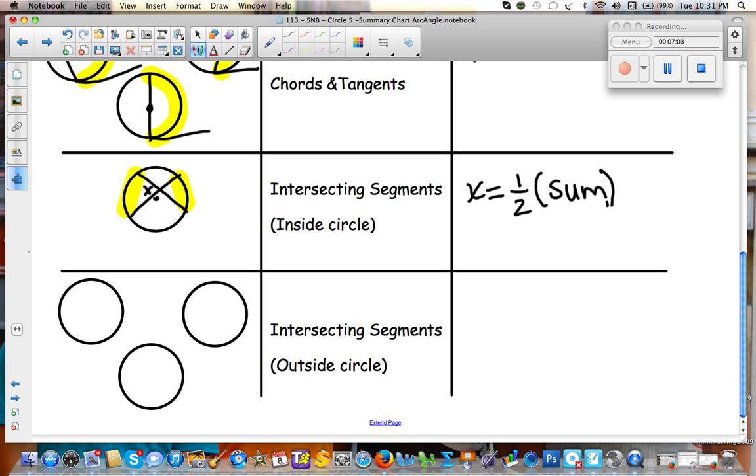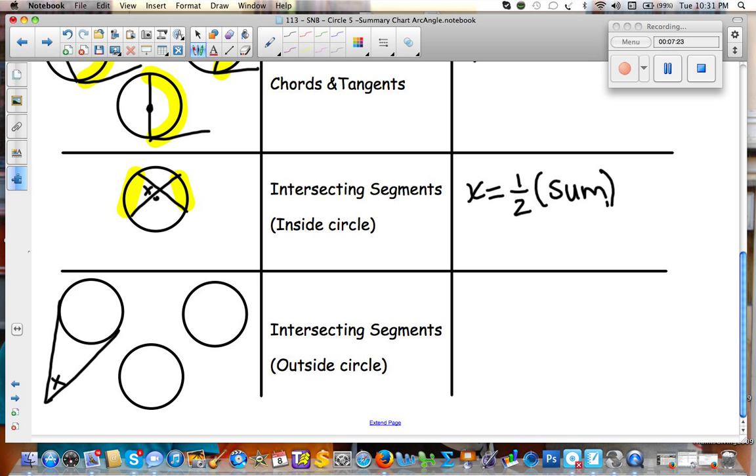And then last on the list we have intersecting segments that intersect outside the circle. So one of those types could be if we had two tangents from a circle that intersected outside, they would form an angle.